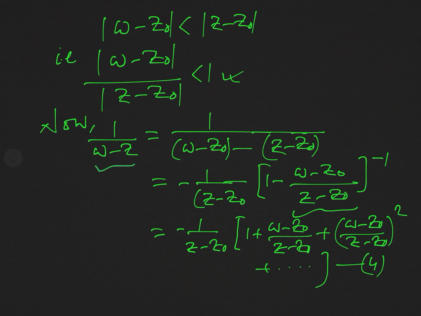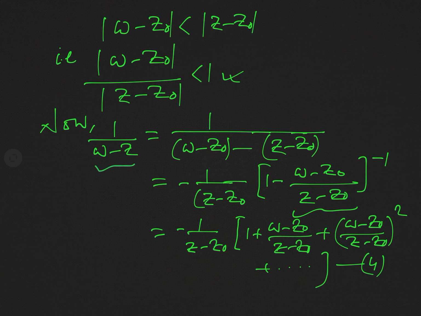Again, we will in fact expand this factor 1 over w minus z to evaluate that integral. And you can write it from the figure, or you can also write algebraically, that w minus z may be written as w minus z naught minus z minus z naught. In fact, this z naught will cancel out and the remaining factor will be w minus z, which is this.